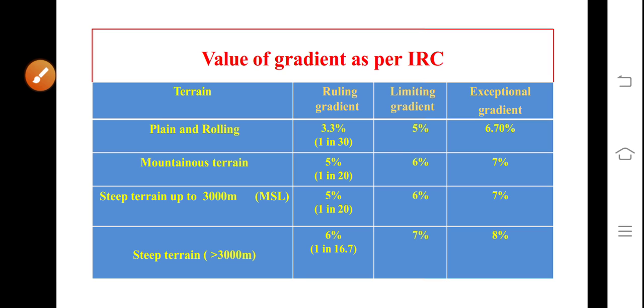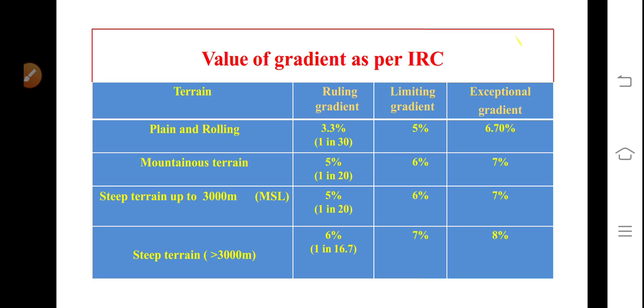That means 1 in 500 in case of concrete roads, and 1 in 200 for soil road, earth road or mud road. 1 in 200 is steeper because it is pervious material, whereas cement concrete pavement or bituminous concrete pavement is impervious. It does not allow the water to penetrate. Therefore, a flatter gradient, a flatter slope, is enough.